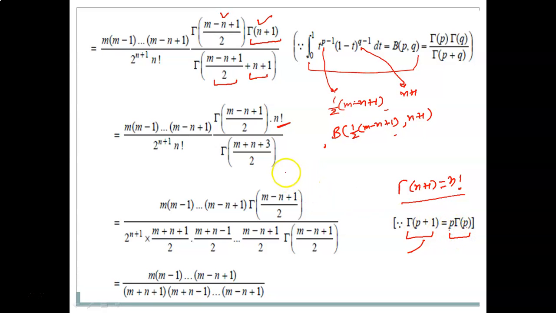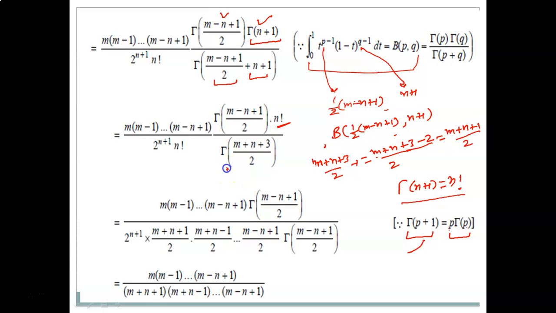So from (m plus n plus 3) by 2, if you subtract 1, what do you get? (m plus n plus 3) by 2 minus 1. Let us see what we have: (m plus n plus 3 minus 2) by 2. That gives you (m plus n plus 1) by 2.